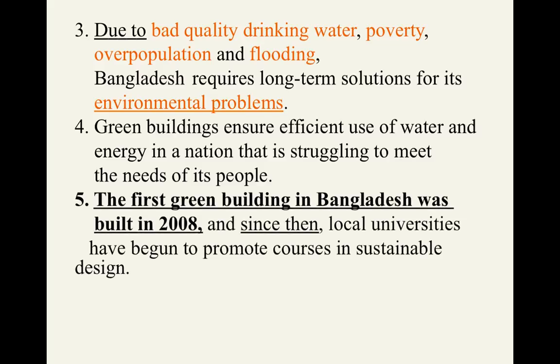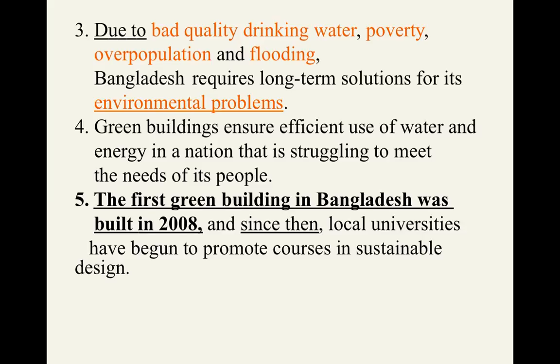And then the next point: the first green building in Bangladesh was built in 2008, and since then, local universities have begun to promote courses in sustainable design. So it's urgent for Bangladesh to solve the problem. People have to work out the solutions. So that's why the universities offer these courses, right?